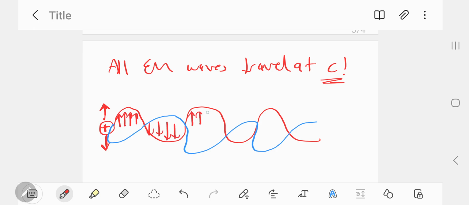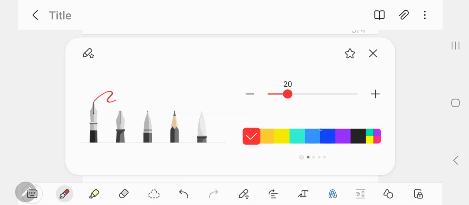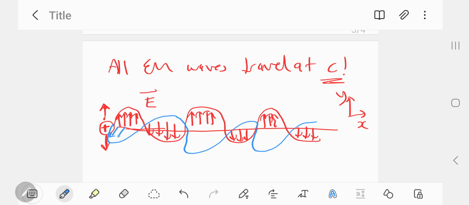Let's call that the y-axis, going up, the x-axis across. That's E, the electric field in red. And the magnetic field is going across, back and forth. B, let's call that the x-axis.